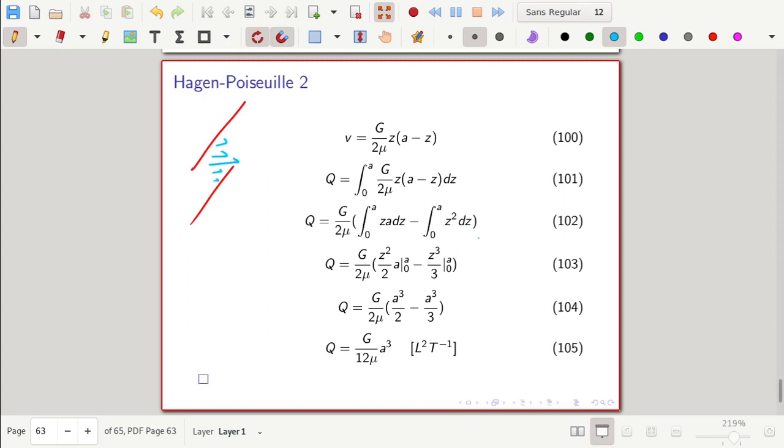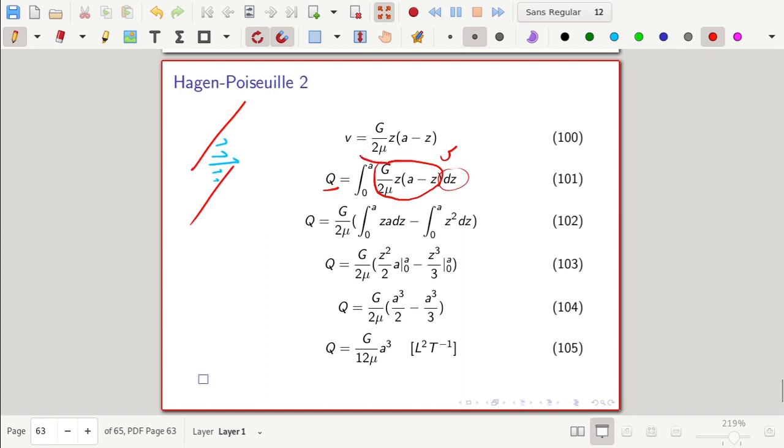As before, the discharge is the integral of the velocity, so this is the velocity term, over z. Remember that in the case of the tube, we have to integrate over an area to find the volume. Now we're integrating over a length to find the area, the discharge in terms of area per time.